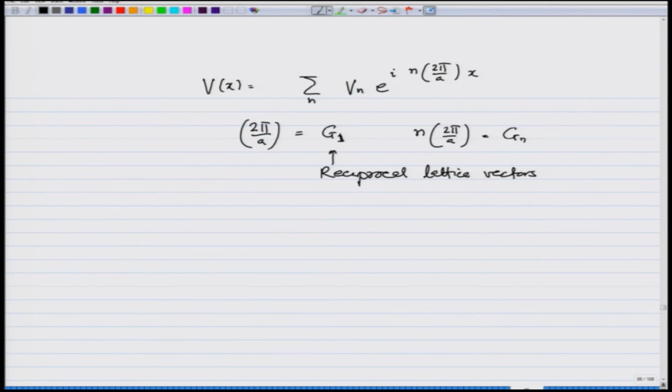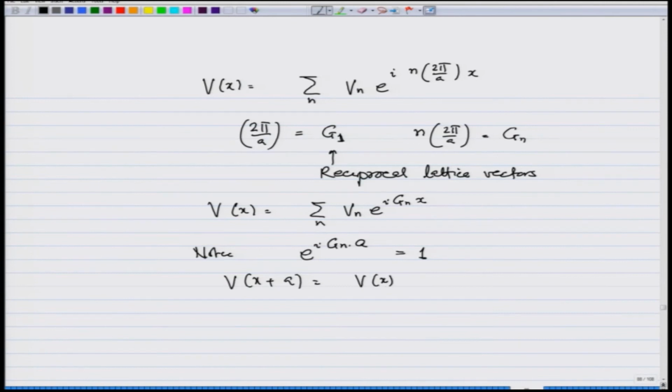But right now, let us just write V(x) equals summation over n of V_n e^{i g_n x}. Notice that e^{i g_n a} is equal to 1. That is by the Fourier theorem. Therefore, V(x + a) becomes the same as V(x). So, g_n is 2π/a, and that is reciprocal space or reciprocal lattice vectors.